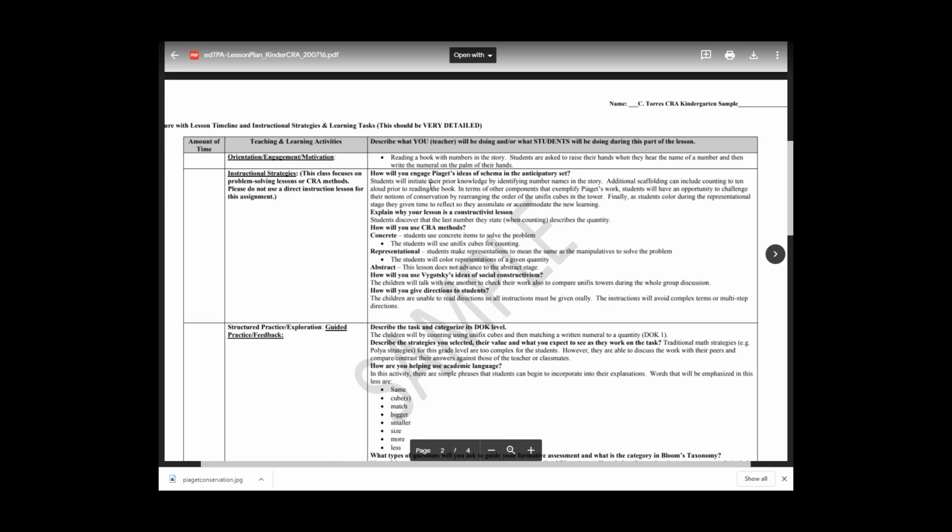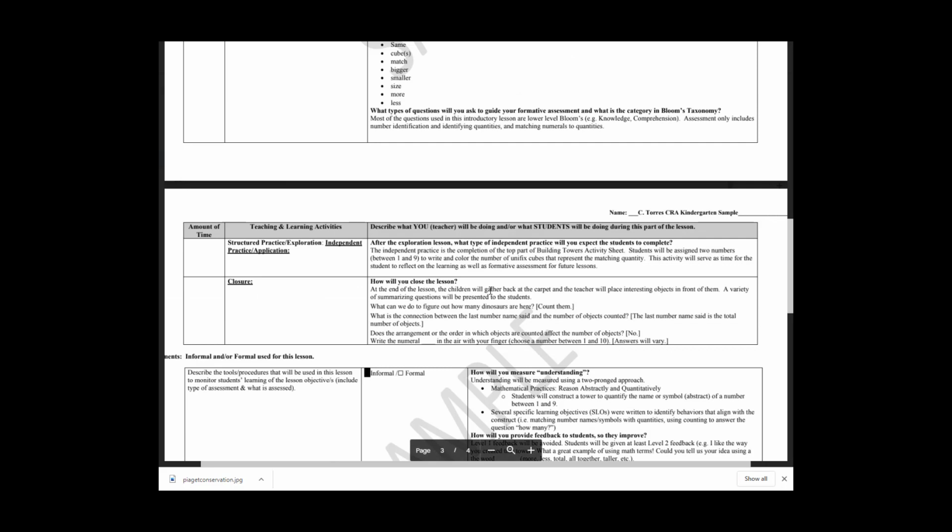If you're working on your EdTPA, you don't want to just talk about Piaget and Vygotsky. You need math-specific people. For elementary school, you want to bring up Burns. You want to bring up van de Walle. Okay, you want to bring up Polya.